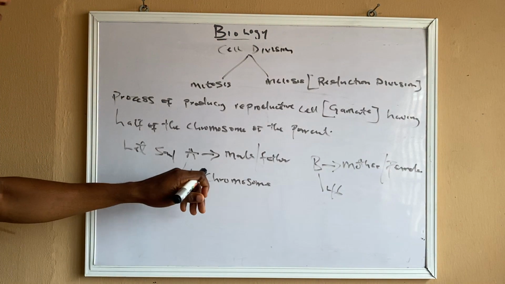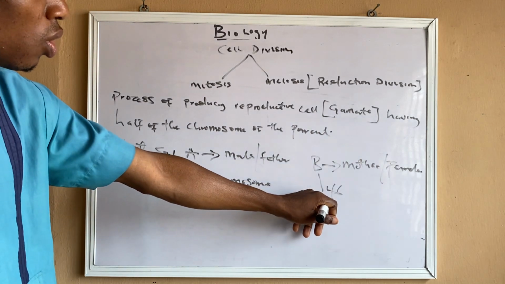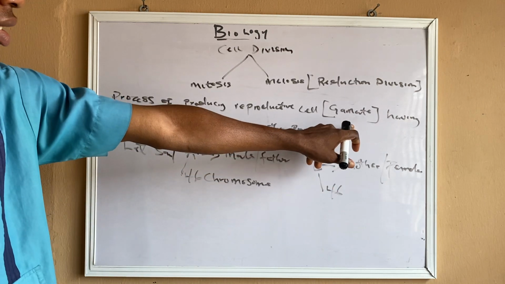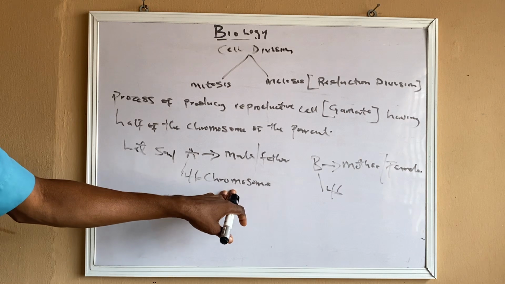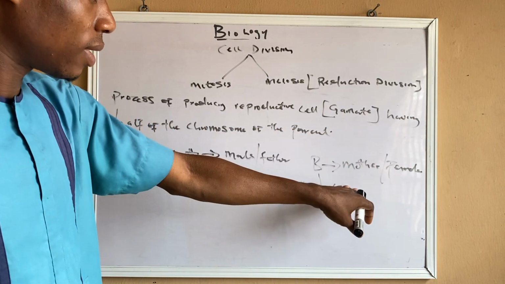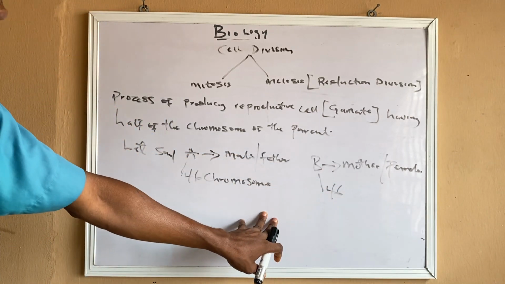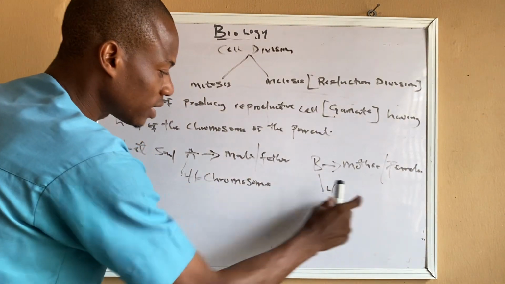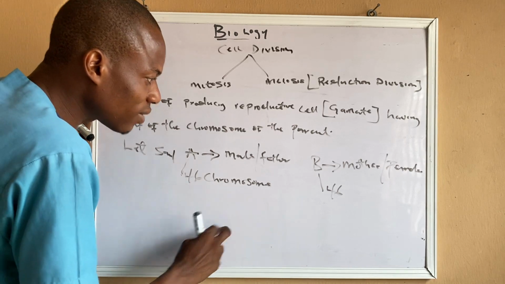But for a man and a woman to produce the reproductive cells, the gametes, the combination of the egg released by the female and the sperm released by the male forms a zygote. They have to donate, because these 46 cannot come into reaction with these 46.